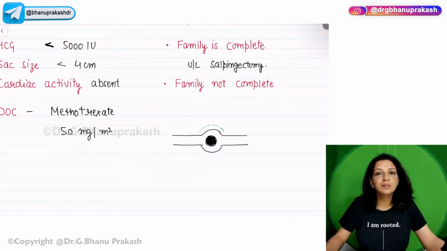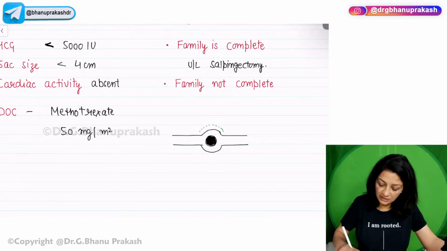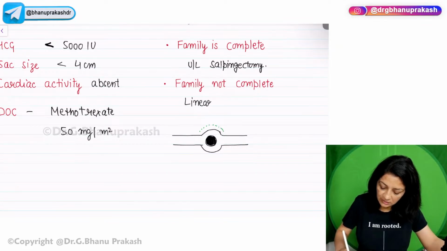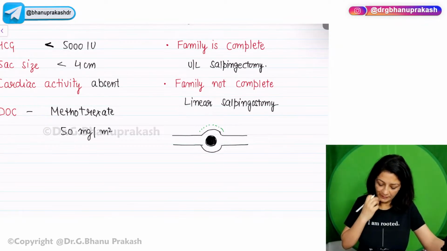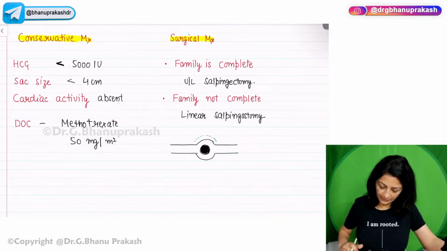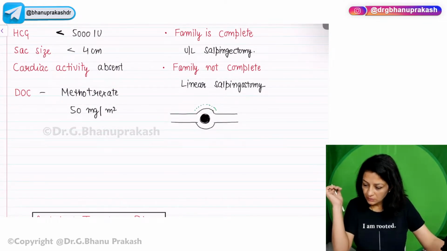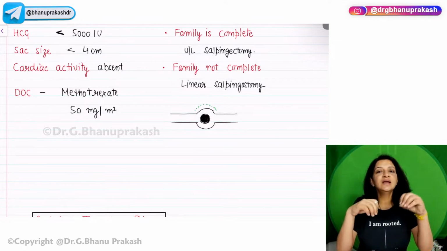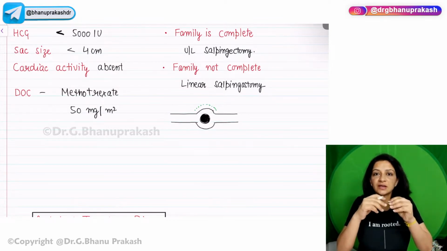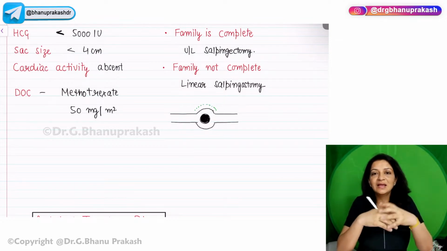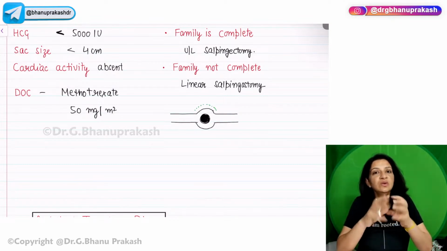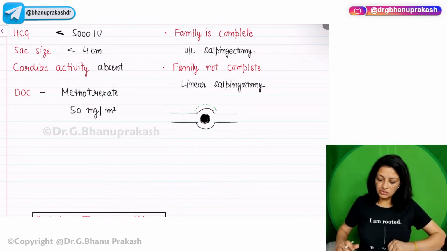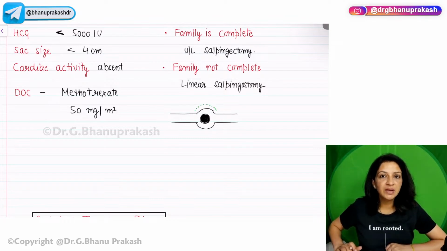If the family is not complete, then the treatment is linear salpingostomy. Methotrexate destroys whatever fetal formation there is, so the pregnancy will no longer be viable.